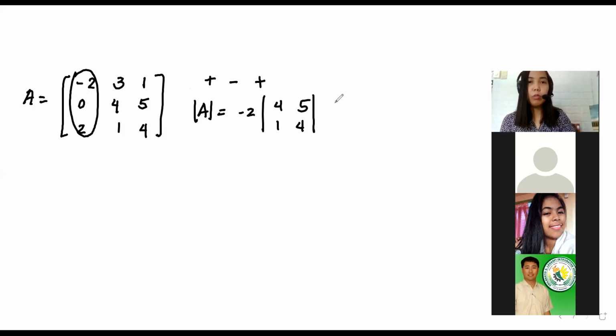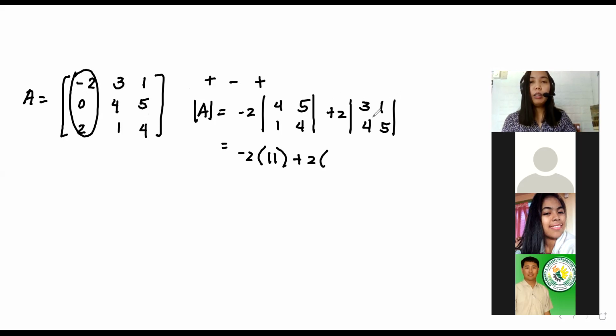Then, positive times 2, positive 2. Delete. So we'll have 3, 1, 4, 5. Negative 2, 16 minus 5, 11. 15 minus 4, 11. So the determinant is 0. Therefore, the given matrix has no inverse, does not exist. Okay? Kaya hindi ko ginawa tong example.